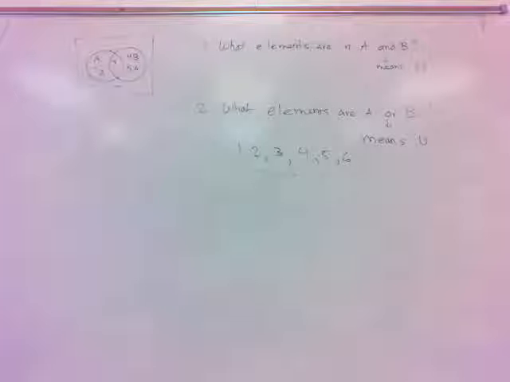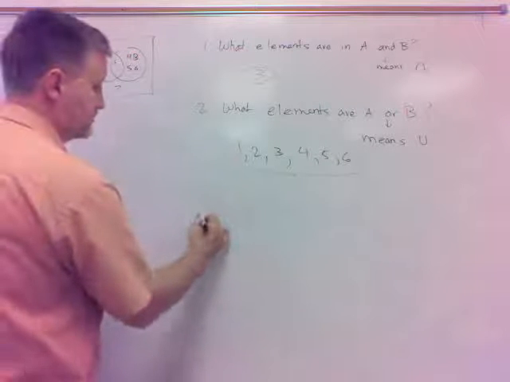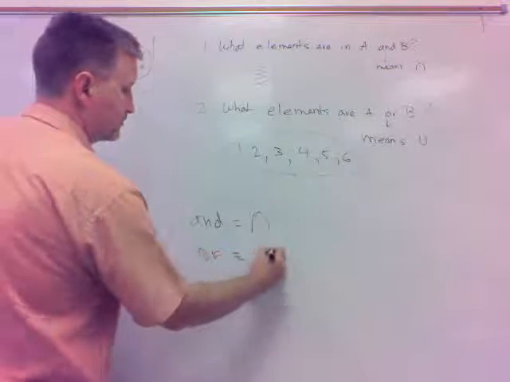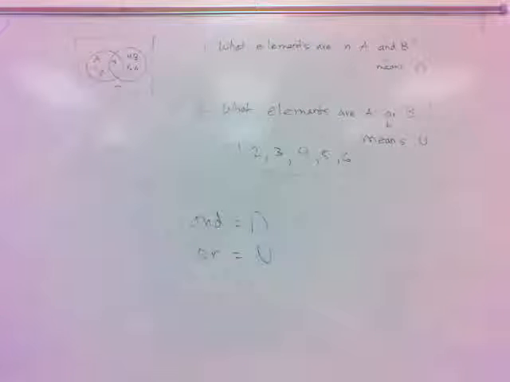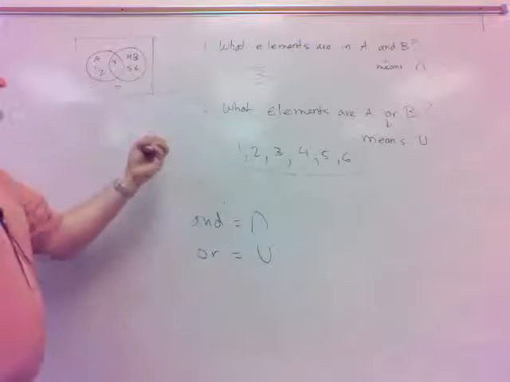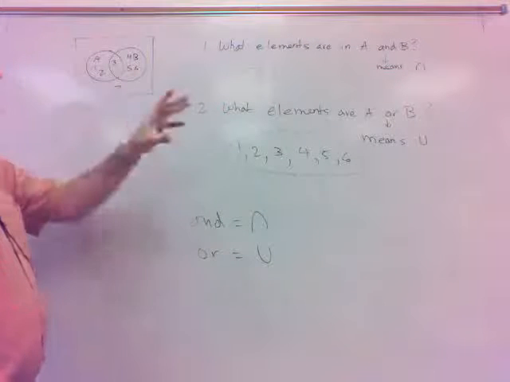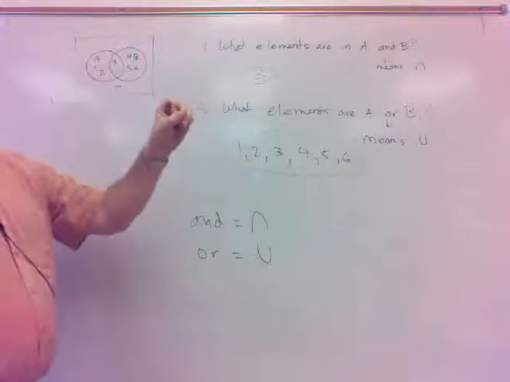So if we ask a question that has and in it, we're talking intersection. And means the intersection. Or means the union. Because or typically means it's in one of the sets or the other or both of the sets. And on the other hand, it has to be in both sets to be included.